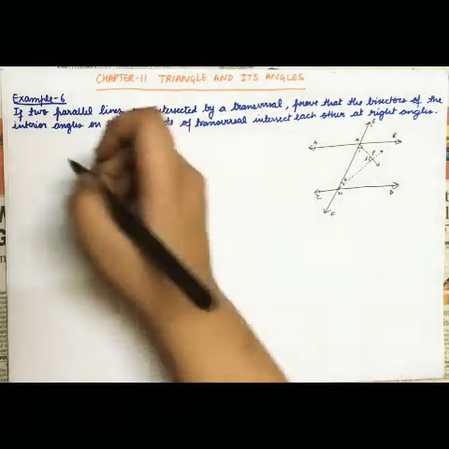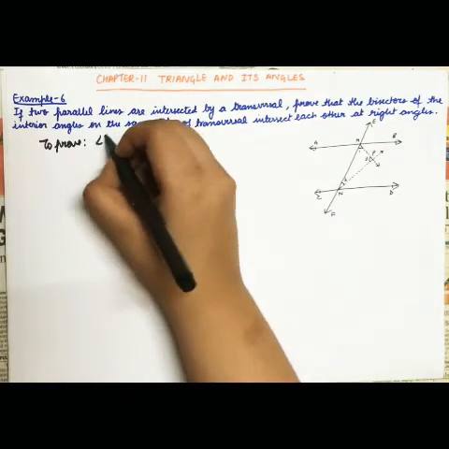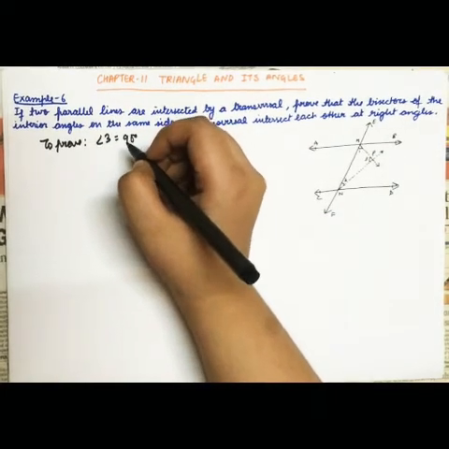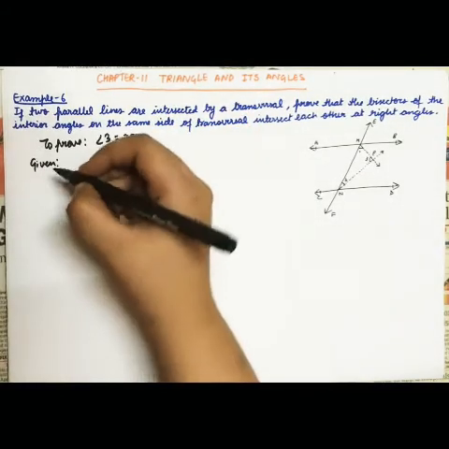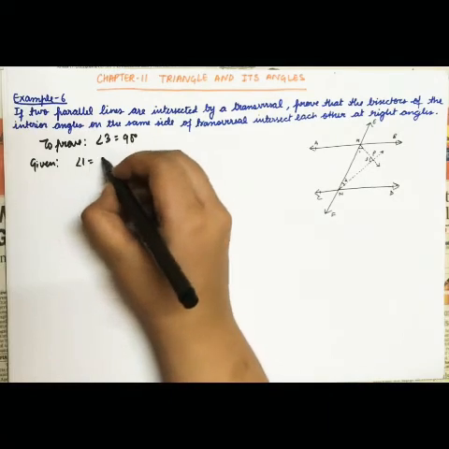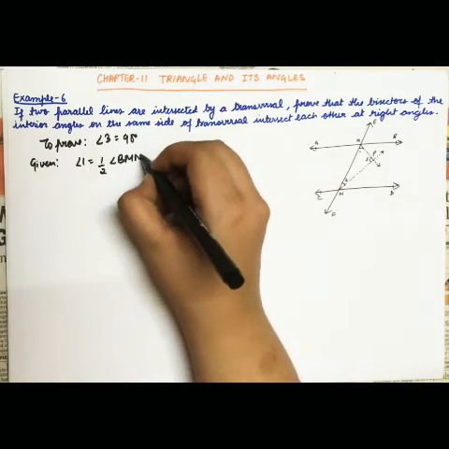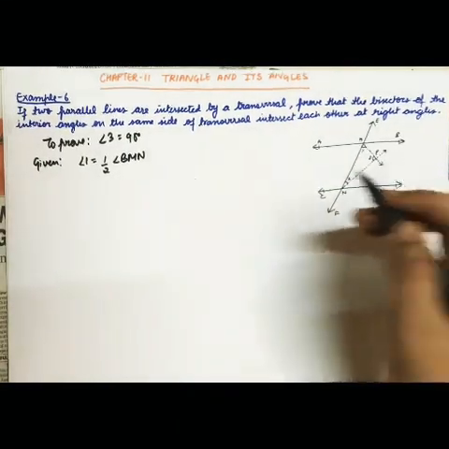So in this we have to prove that angle 3 is equal to 90 degrees. We will start with: it is given that angle 1 is equal to half of angle BMN. Angle 1 is half of angle BMN.